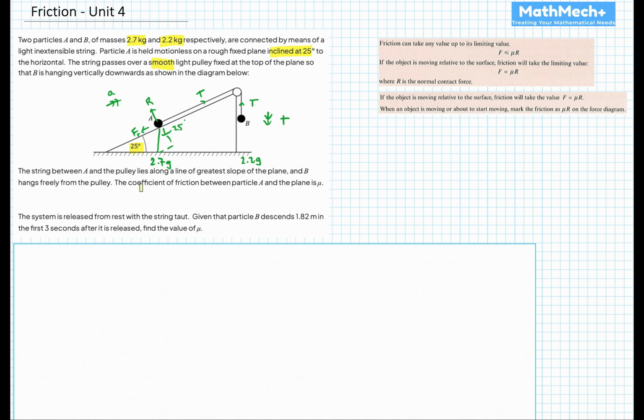So we need to set up this question as well as we can. And on the right hand side, as I said, you can check these details for your formula and aspects like that. We're also given a few details with time and distance, so there will be some SUVAT involved as well. And ultimately we want to find the value of mu, which is the coefficient of friction, as I said. The measure of roughness, that kind of idea.